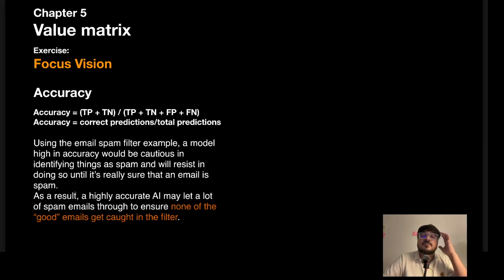Now how will this AI be in terms of accuracy? If you read this using the email spam filter example, a model high in accuracy would be cautious in identifying these things as spam and will resist in doing so until it's really sure that an email is spam. As a result, a highly accurate AI may let a lot of spam through to ensure none of the good emails get caught in the filter.